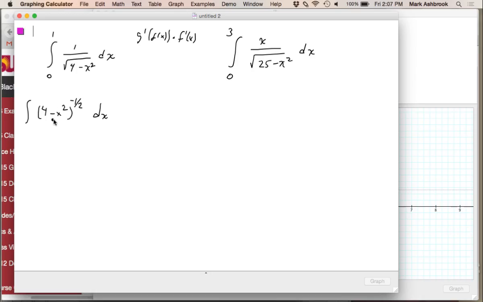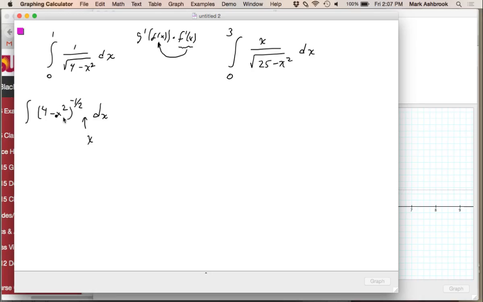But is this undoing the chain rule? What would need to be different about this in order for it to be undoing the chain rule? How could you make one small adjustment so that it would be? What else would you need in here? Wouldn't you need an x? Why? Because we're looking for this form, where you use this composite function, and you have some other term that's essentially the derivative of the interior function.